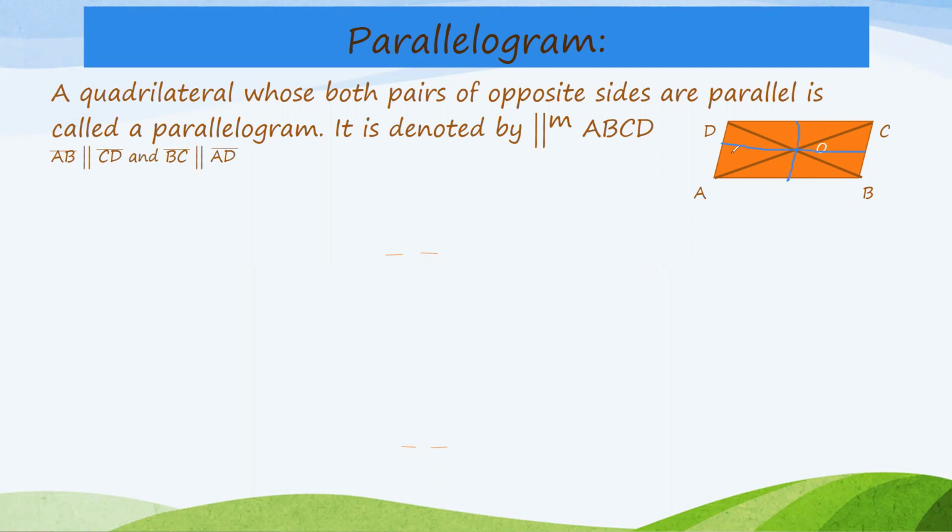So this quadrilateral is called a parallelogram, having opposite sides parallel, so symbolically we can say that side AB is parallel to side CD and side BC is parallel to side AD. Am I right? Okay.